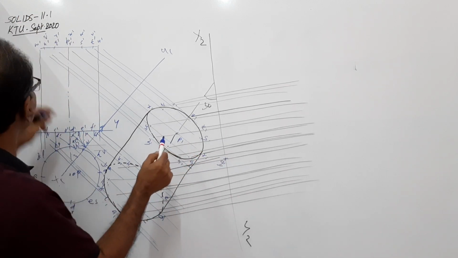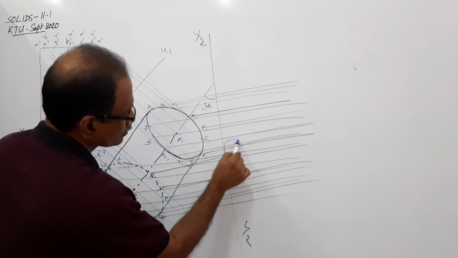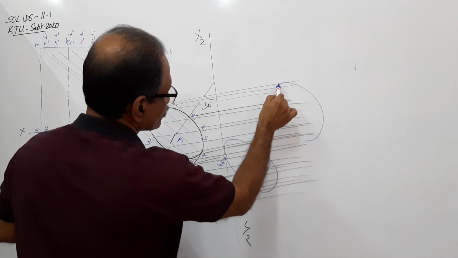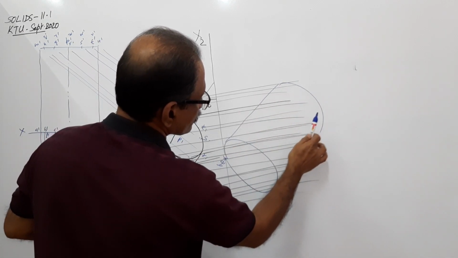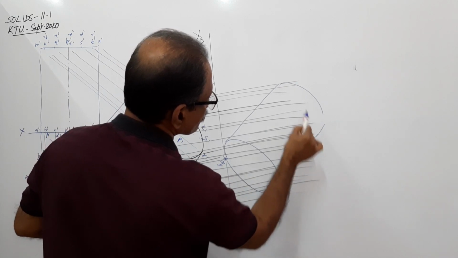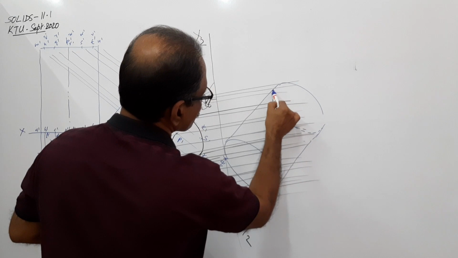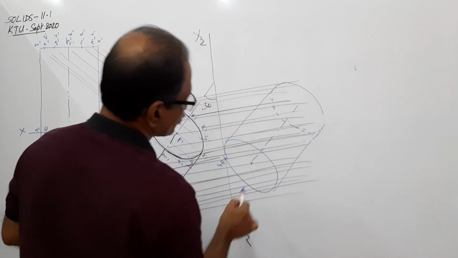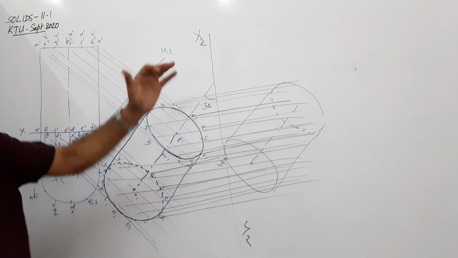After marking all the points, this is the shape which you are going to get. Taking all the points, you can mark.